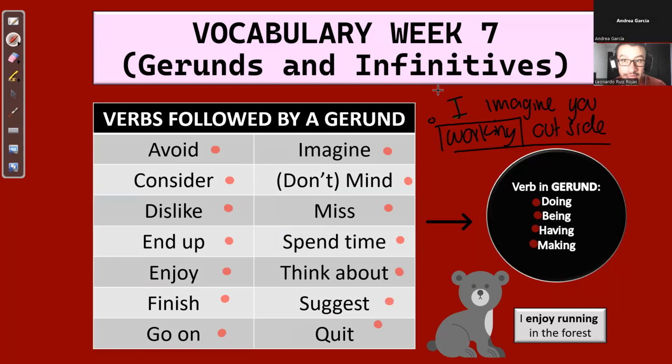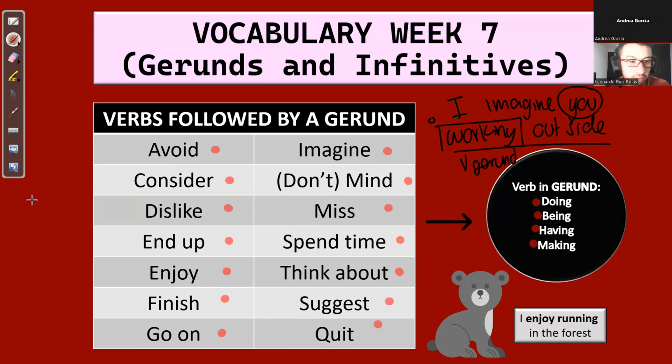In this case, it's like including an object. I imagine, aquí me imagino a ti. But the next verb is a verb in gerund, right? So, no problem. Or sometimes I can have a verb after a gerund, without the object.